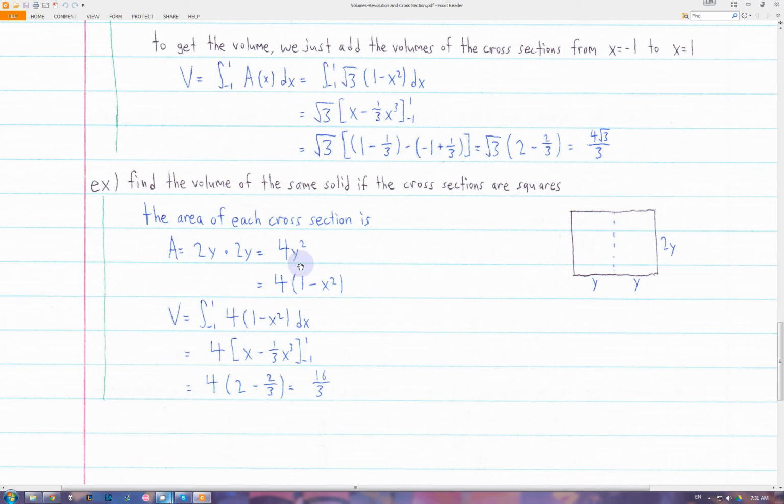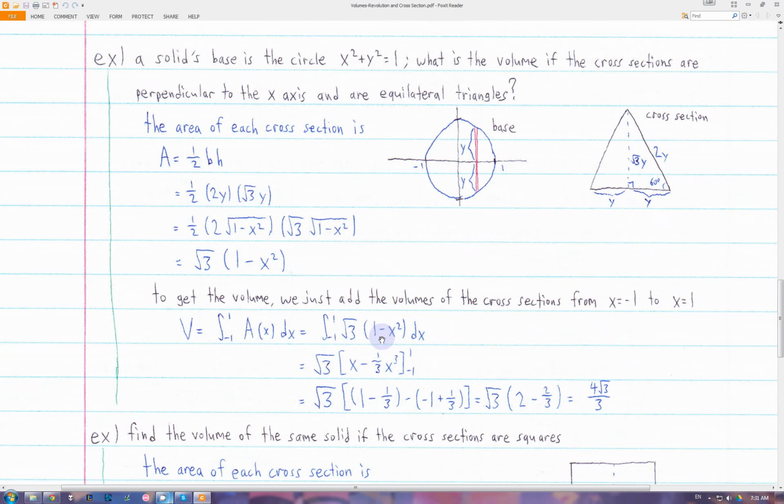Since y is the square root of 1 minus x squared, the area will be 4 times 1 minus x squared. We integrate this from -1 to 1 with respect to x, and we get the volume is 16 over 3.